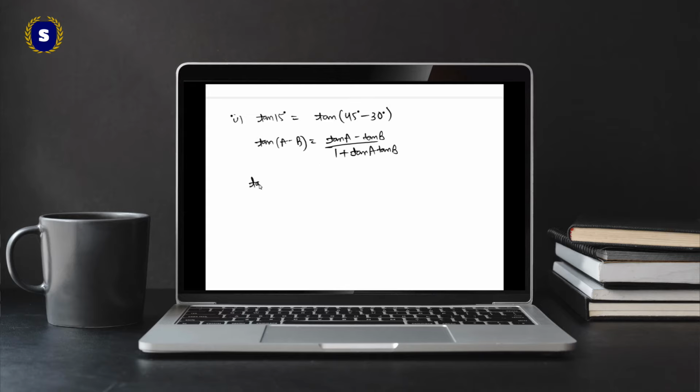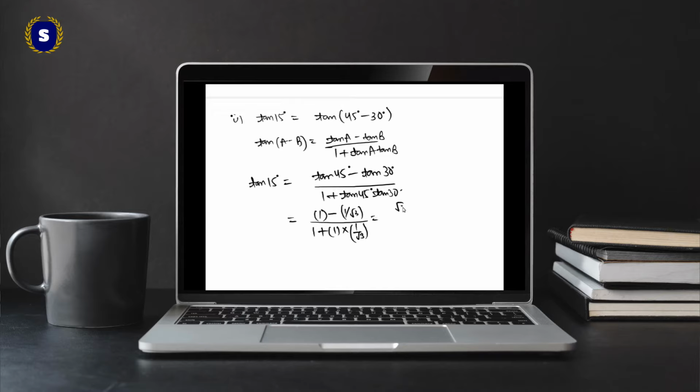So we'll get the value of tan 15 as tan A, where A is 45 degrees, minus tan B, where B is 30 degrees, upon 1 plus tan 45 tan 30, right? So we get 1 minus 1 by root 3 upon 1 plus 1 into 1 by root 3, right?